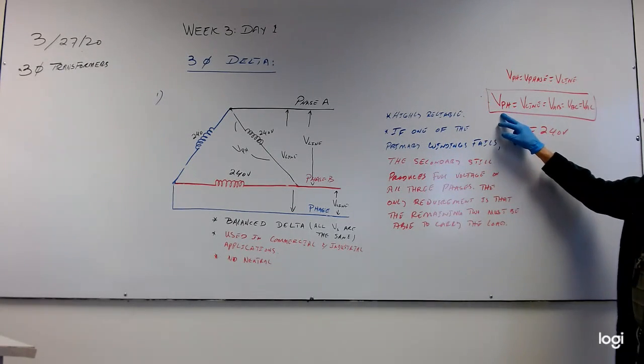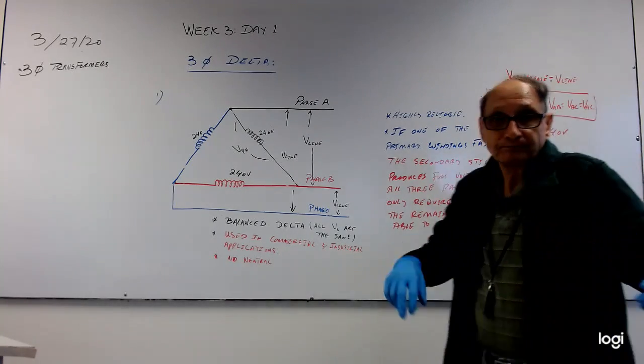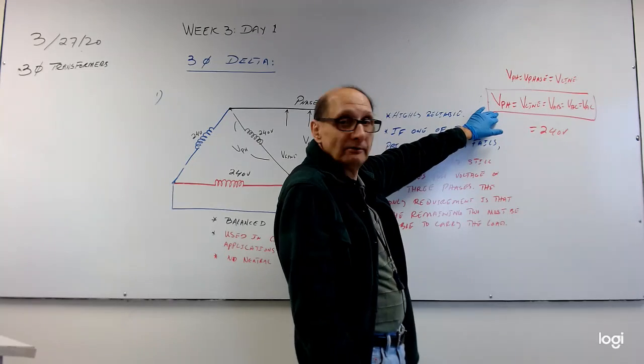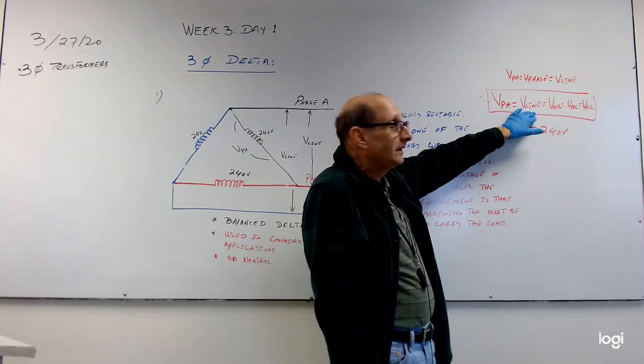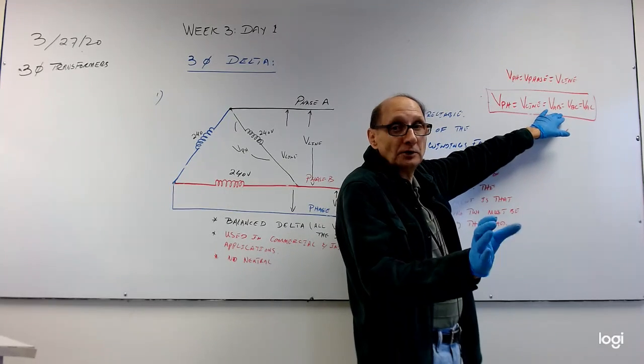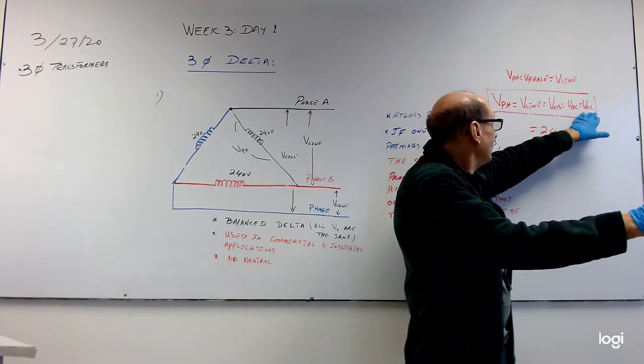So phase voltage VPH is equal to V line, which is also equal to VAB, VBC, and VAC.